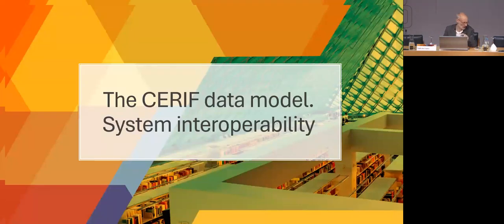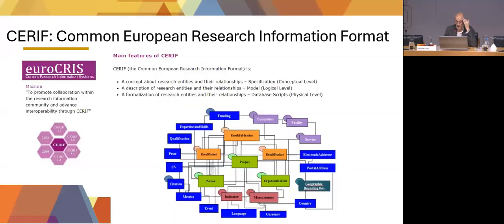So I'm going to be a bit quicker now because there's quite some ground to cover. Again, the CERIF data model underpinning all these CRIS systems and enabling system interoperability is here. You can see all these squares on the slide are research entities, and all of them are connected to each other.